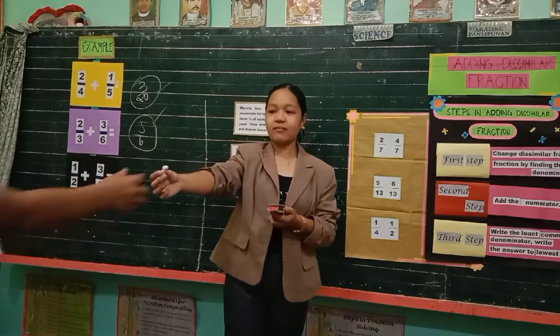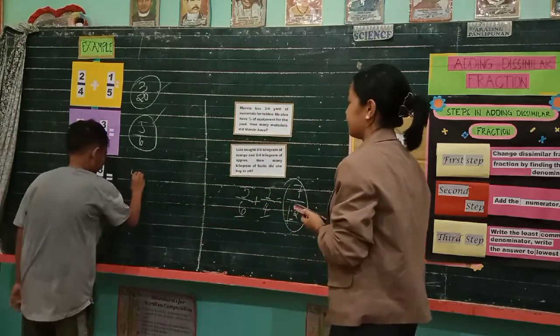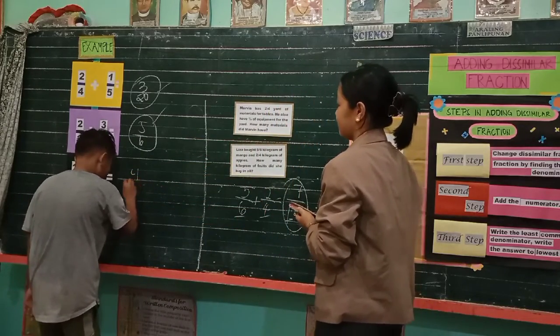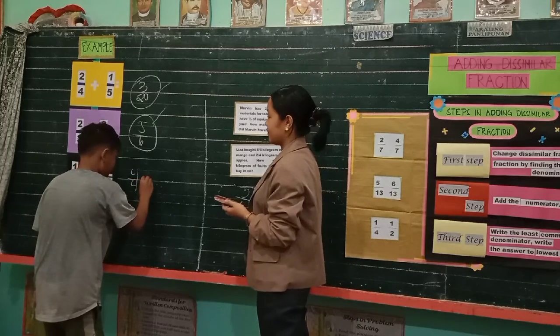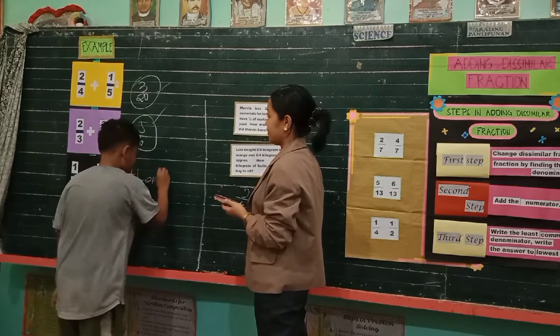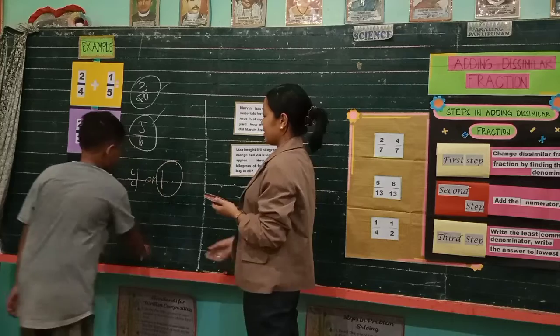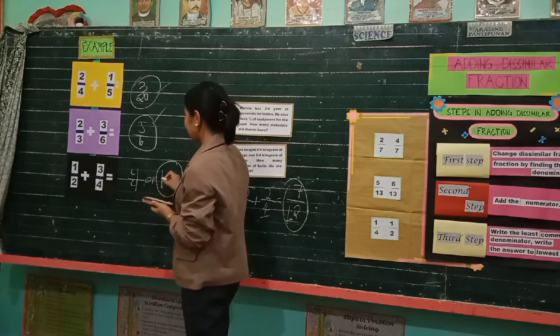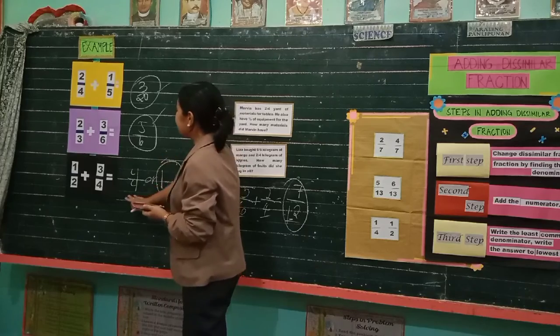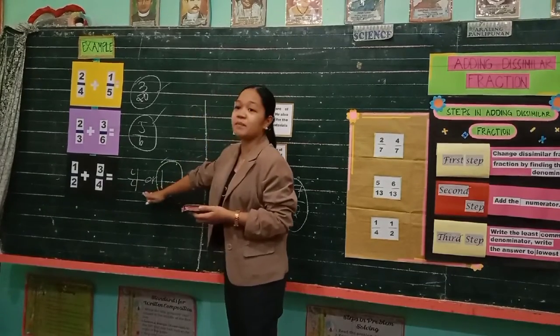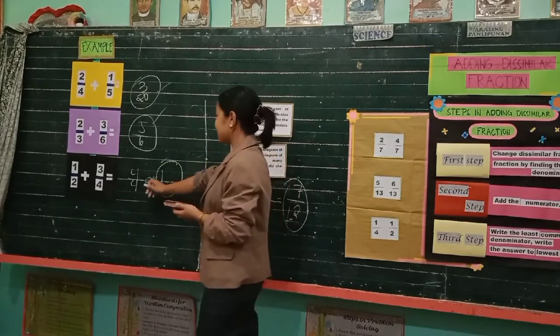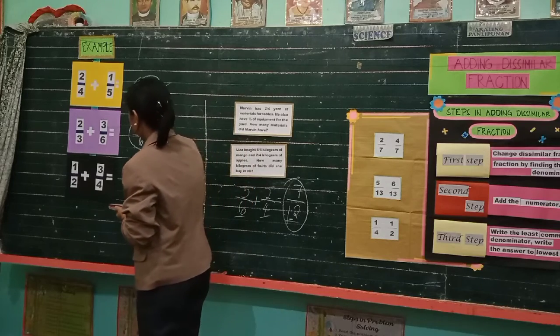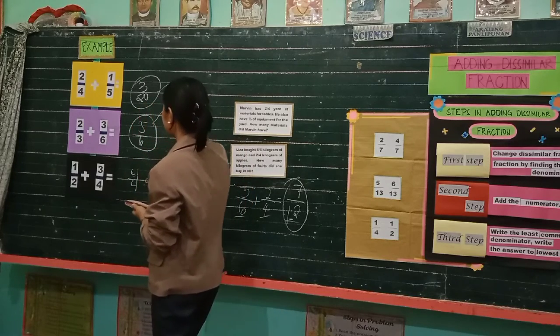Yes. Is it correct? Yes, it is correct. Did he reduce it to lowest term? Yes. 4 over 4 is equal to 1.